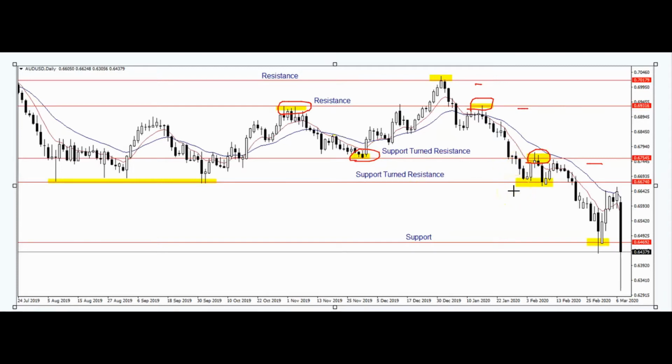And then we have support turn resistance at 66740. Support through here, and then resistance inside bar setup here. And then of course we have the recent low acting as new support at 64692 or thereabouts, just about here.